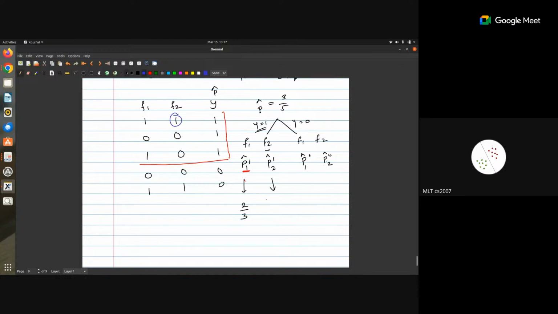So can I say it is 1 by 3? Similarly, what is p1 hat of 0? Where will I have to look now? I'll have to look at this side where the label is 0. Now I'll have to find the fraction of ones for this feature. 1 by 2, and here it is 1 by 2. Is that fine?